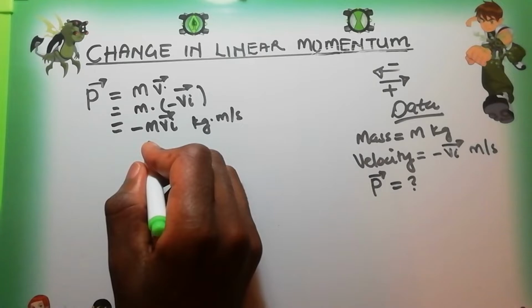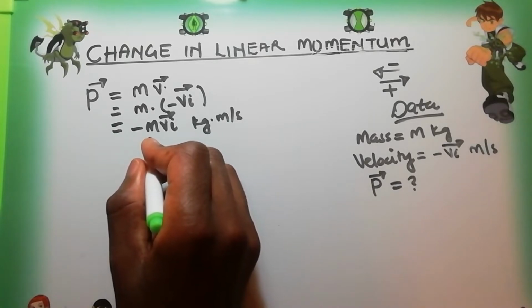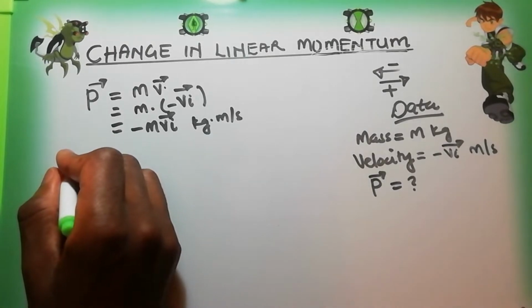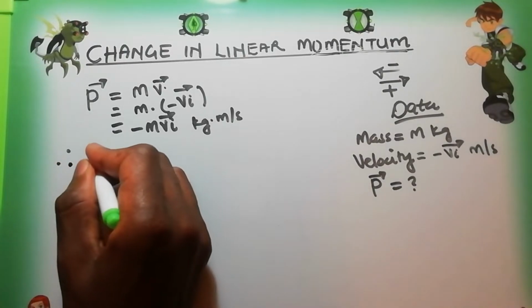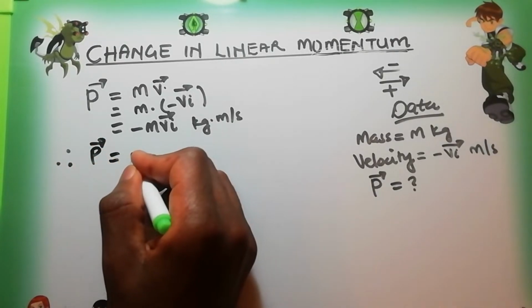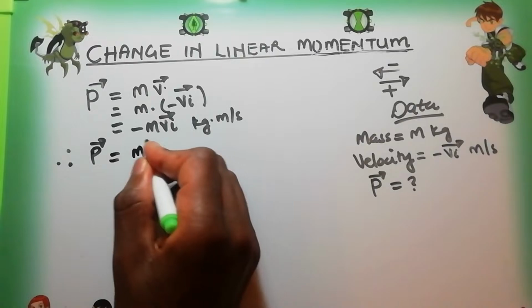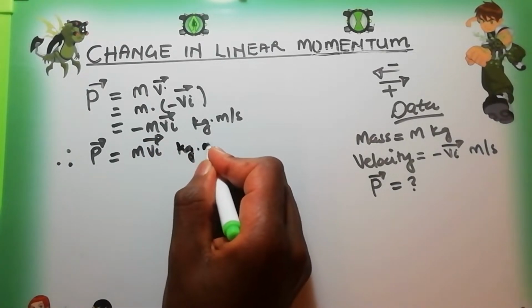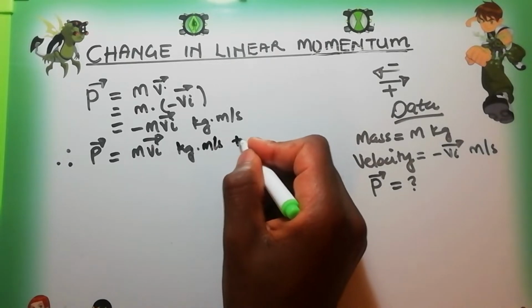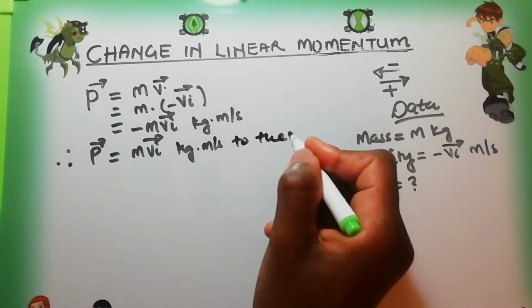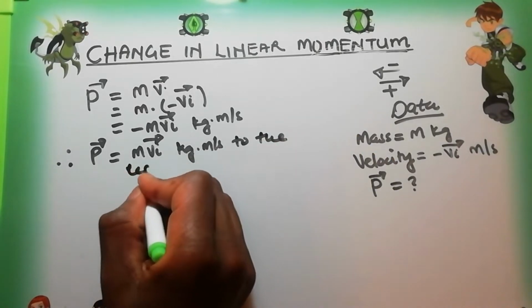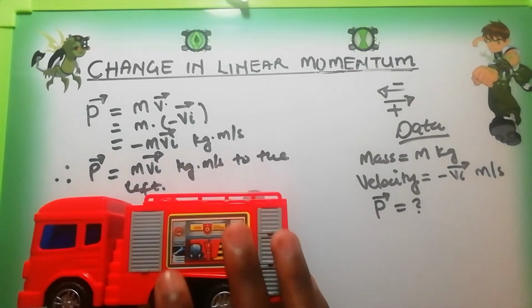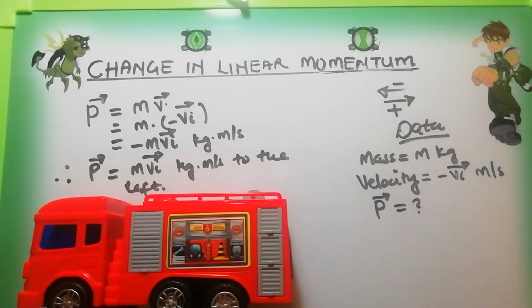So now we need to state this direction in words. So we are going to say, therefore, our momentum equals mvi kilograms meters per second to the left. So our truck has finally stopped.